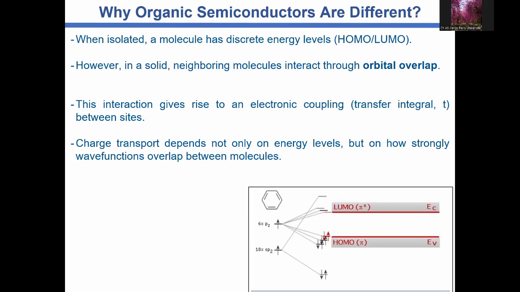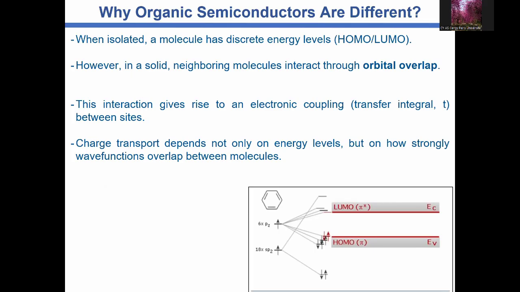Here you just have the benzene. If you have more benzene here, you can think that you have more states. And if you have a polymer, you have even more carbons with sigma and p bonds. So we have these n states that can be available for the electrons to be occupied or unoccupied.